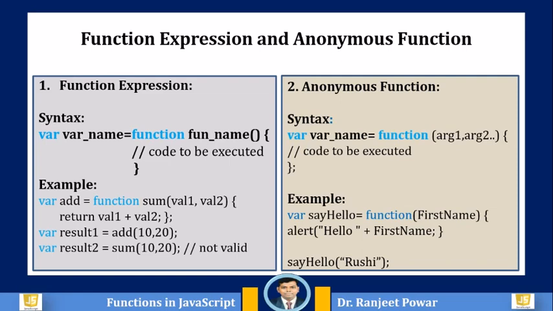Next is the anonymous function. JavaScript allows us to define a function without any name. This unnamed function is called an anonymous function. An anonymous function must be assigned to a variable. Anonymous functions are useful in passing callback functions, creating closures, or immediately invoked function expressions.